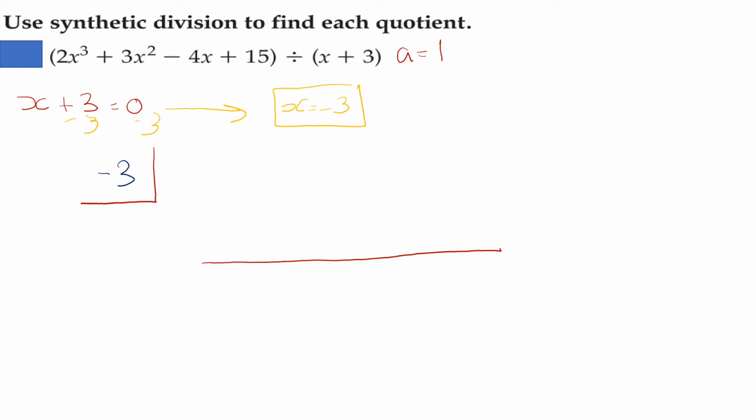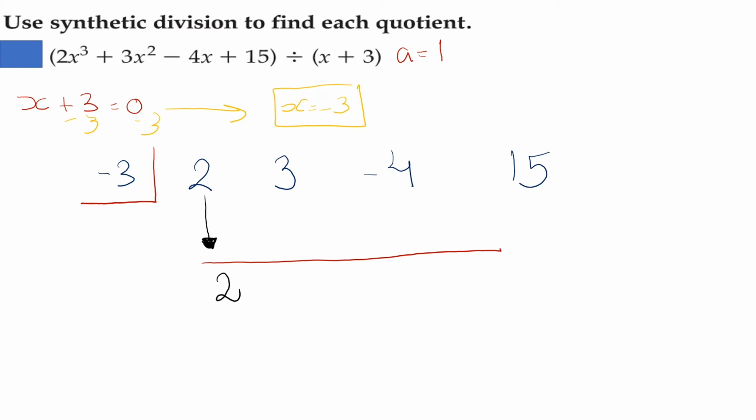Let's see, I want to take only the coefficients: 2 for x cubed, then the other coefficients, 3, minus 4, and 15. What you will do is put the first coefficient down as it is, without changing anything in it.